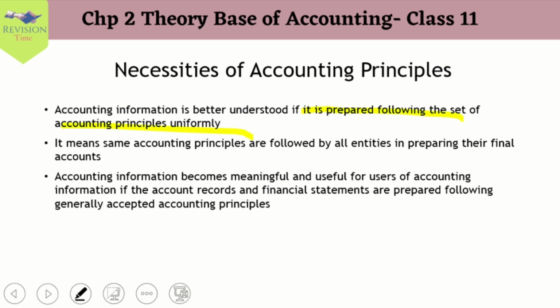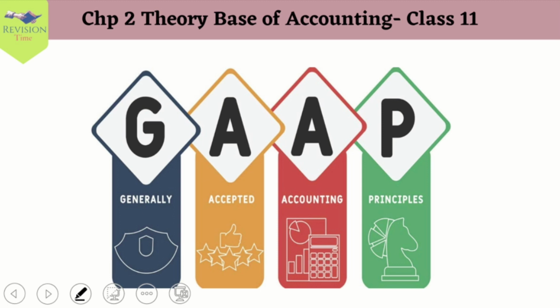We achieve uniformity and consistency, and it is followed by all the entities while preparing their final accounts. It also makes the information more meaningful to all the users of accounting information. As we studied, accounting principles are nothing but some rules on which the accounting of a business is prepared.